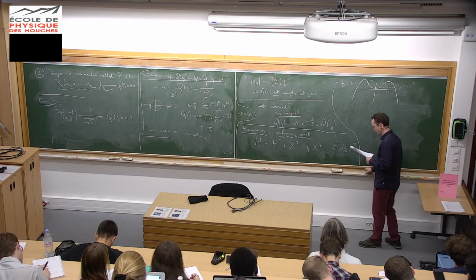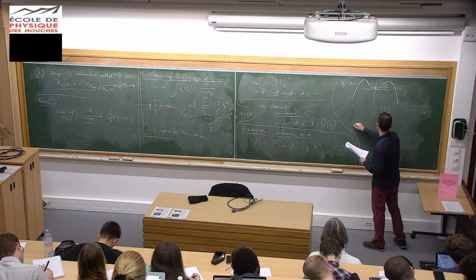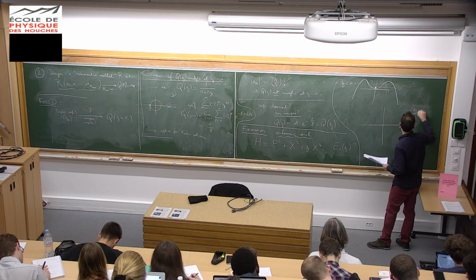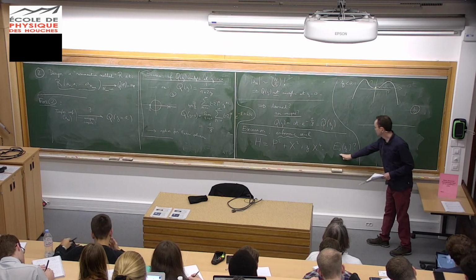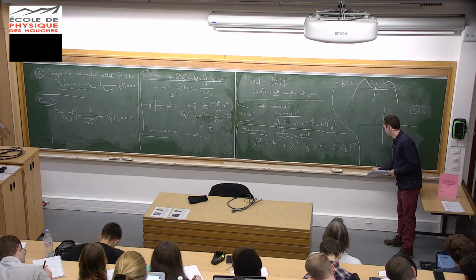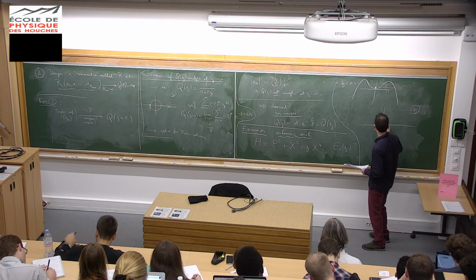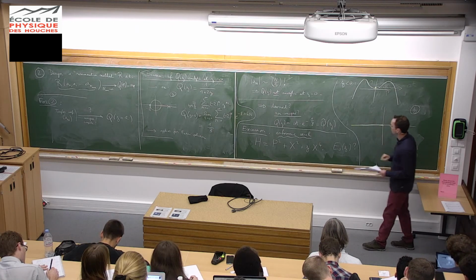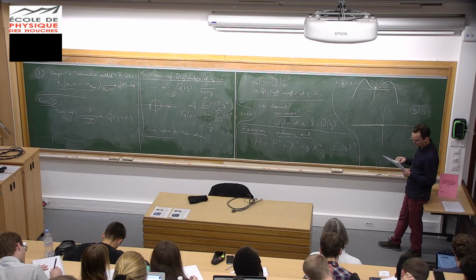And therefore, if you look now in the complex z-plane, this function E0 of z, if you go on the real negative axis, will acquire an imaginary part.